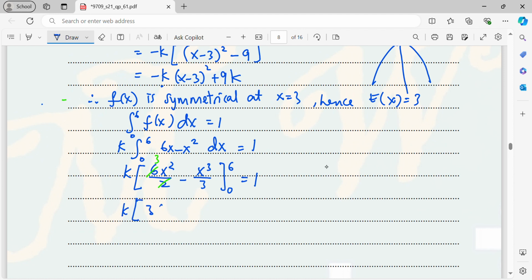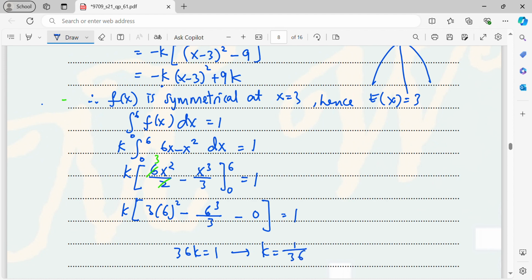So it is going to be 3 times 6 squared minus 6 cubed over 3. Where x is 0, everything is 0, that equals to 1. From here you will be getting 36k equals to 1. Therefore your k is 1 over 36.